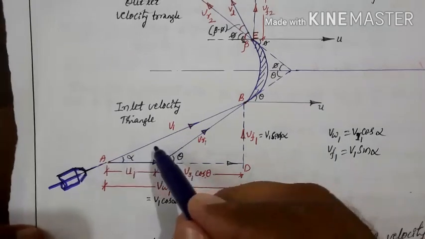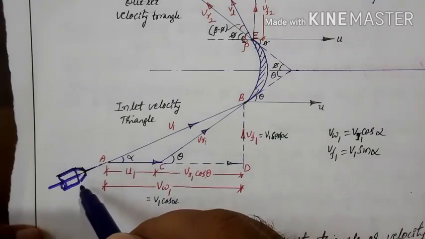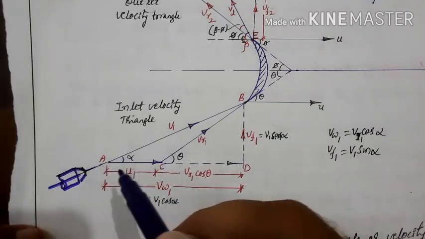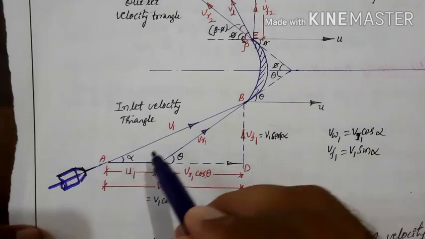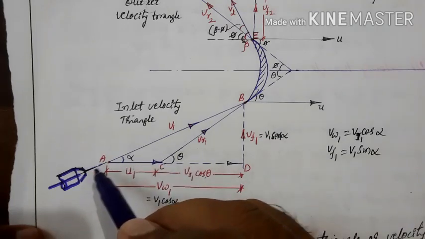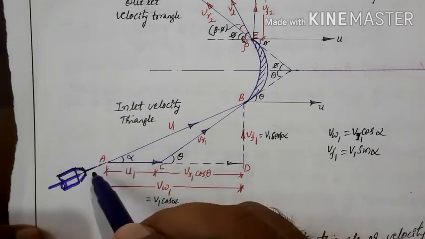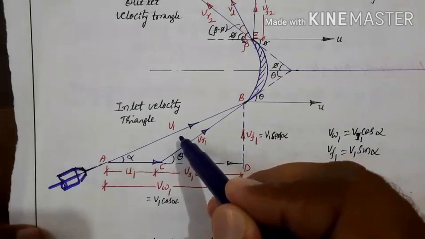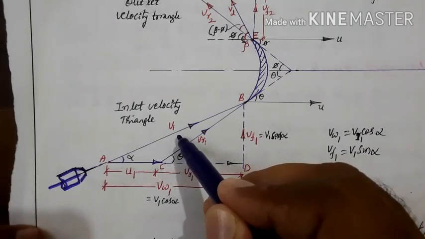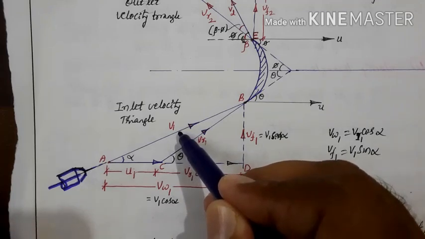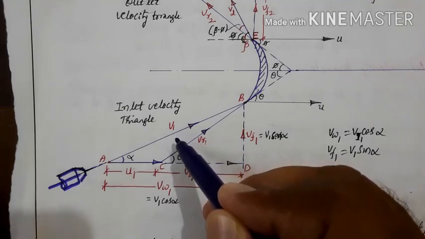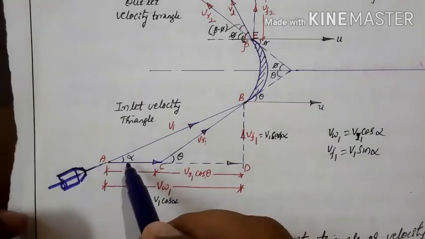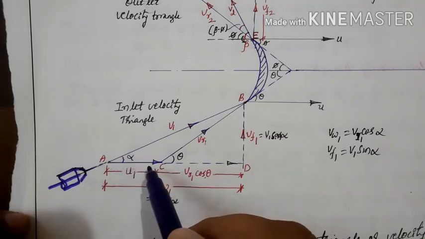Here the nozzle is fixed, and the velocity with which the fluid is coming out of the nozzle is called the absolute velocity of the fluid at the inlet, and this is denoted by v1, and it makes an angle alpha with the horizontal or the tangential direction.